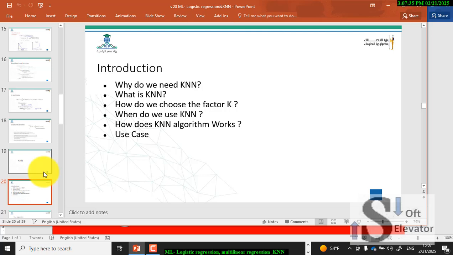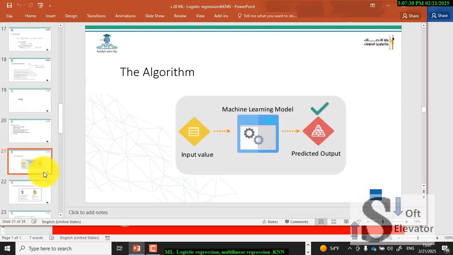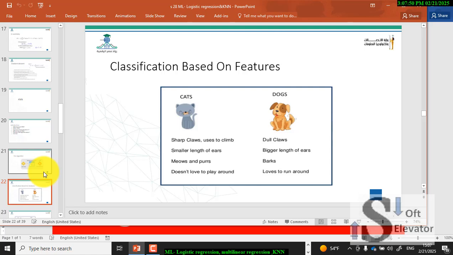And how does the KNN algorithm work? Use case. So the algorithm is used in machine learning models. We have input value and we have predicted output. Then we have classification. This is also used in classification. So KNN is used in classification.